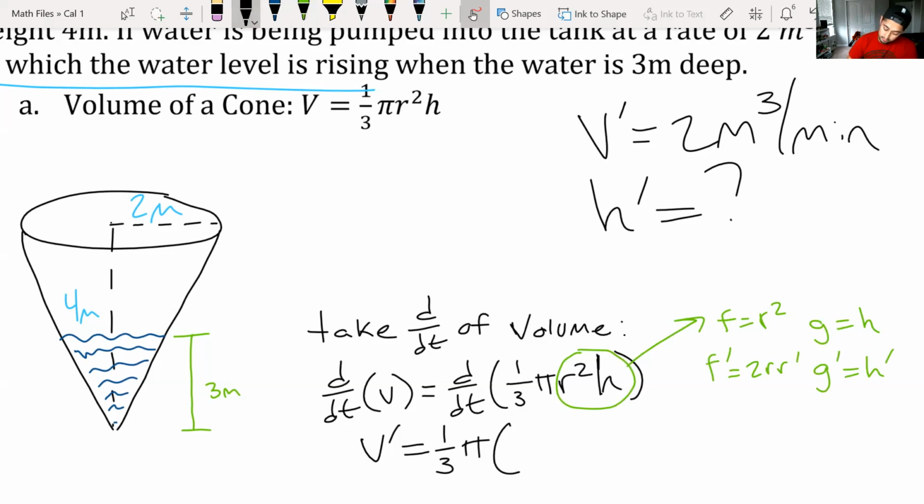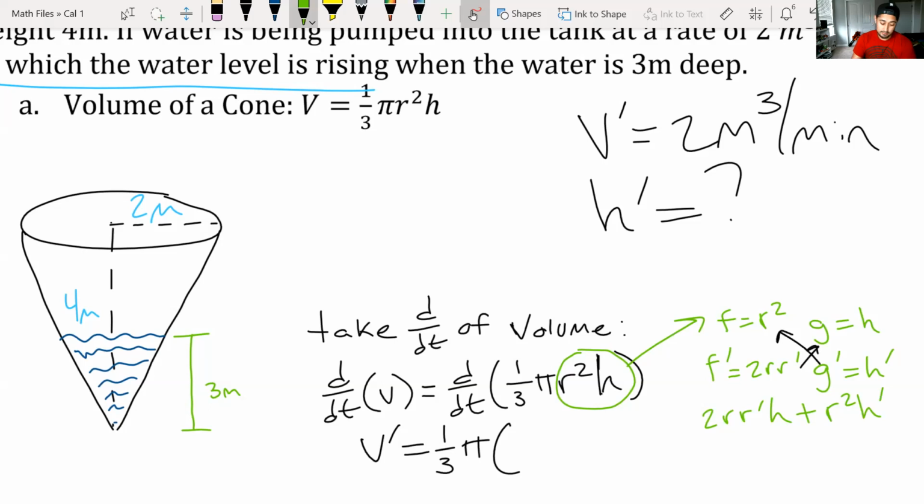If we put it together, f prime g plus f g prime, we get 2r r prime h plus r² h prime.